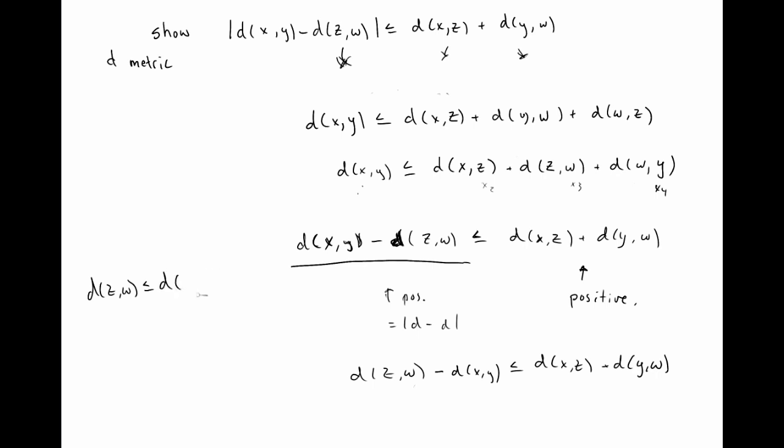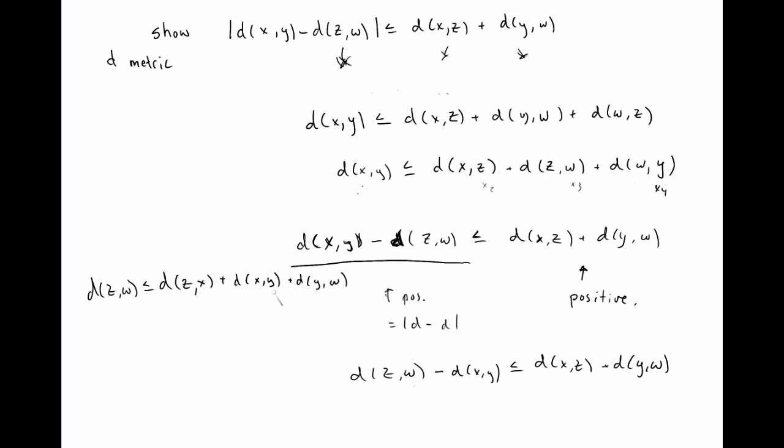So we can put all our intermediate points, put z, x here, plus d(x,y) plus d(y,w), yeah, right?